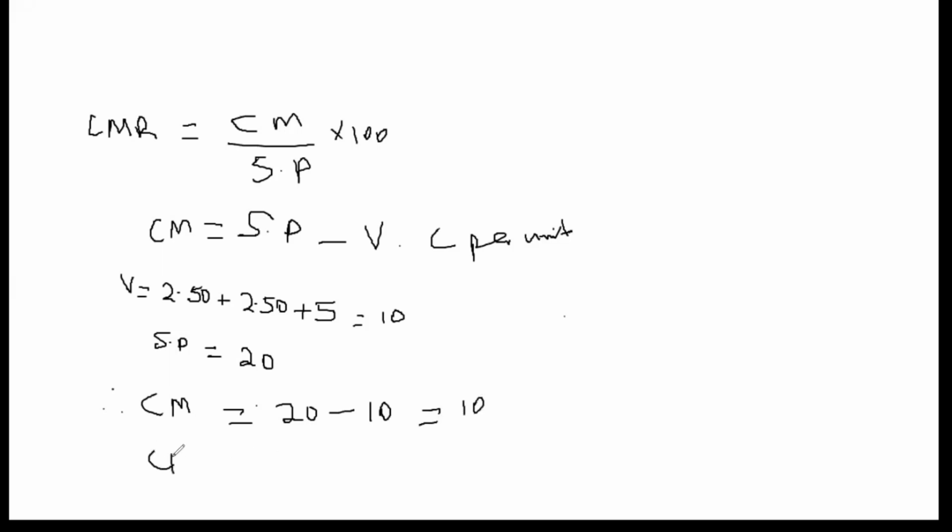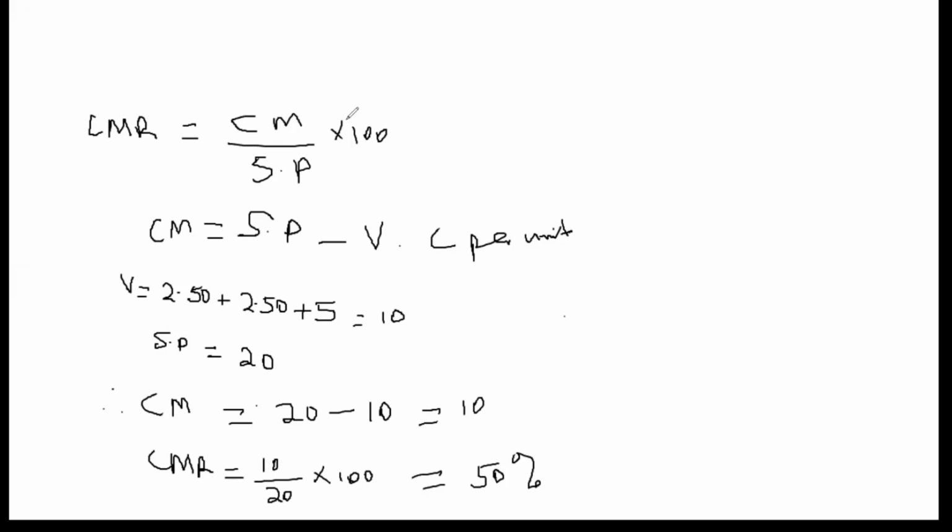Therefore, the ratio is 10 over selling price, which is 20, times 100. And that gives us 50%. So that gives us 50%. That is our contribution margin ratio.